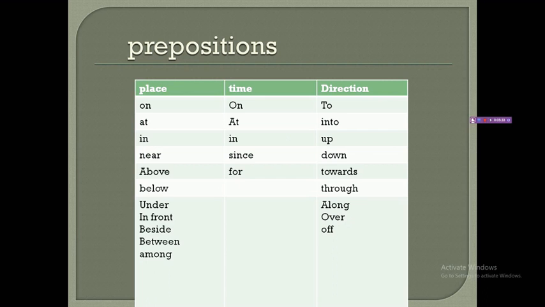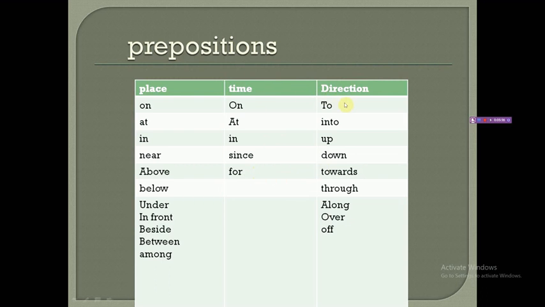And for is used to tell about the total time taken to do that particular thing. For example, she has been practicing English for 3 years. This is the preposition of time.